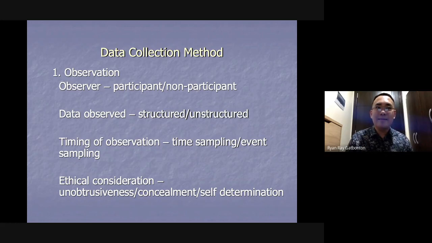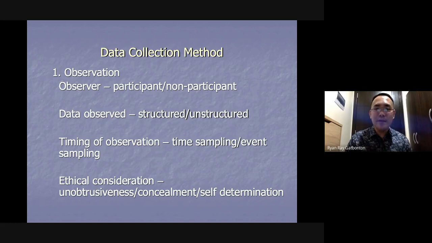So if you are trying to observe their smiles, their interaction with their baby, and during that time na ikaw ay gumawa ng observation ay doon sa kanilang viewing time, then that's an event sampling.